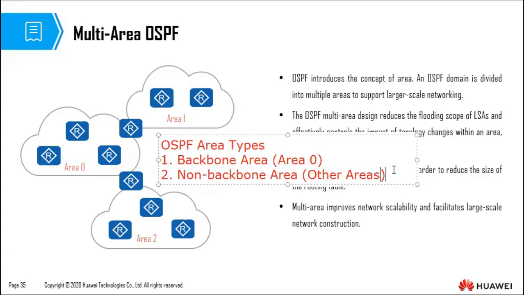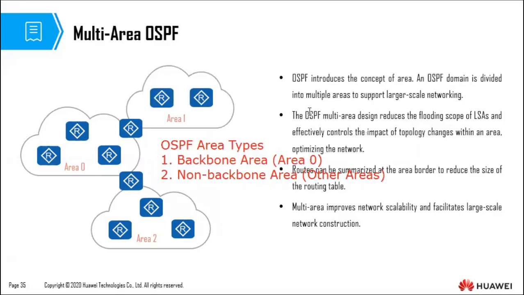Now, to prevent loops between the areas, non-backbone areas cannot be directly connected to each other. They cannot be connected to each other. That's why you can see here. So what we're saying is that you can't connect area 1 to area 2 like that.